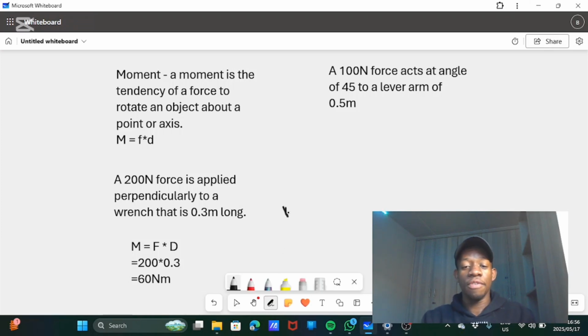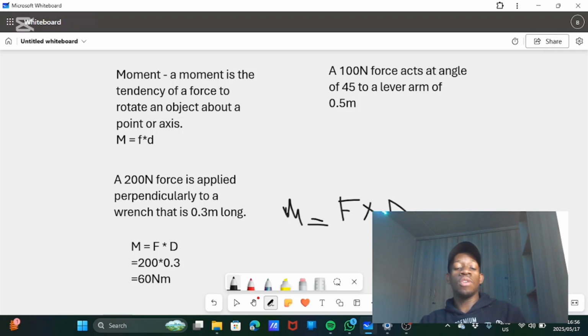Instead of M = F × D, we're going to multiply again by the sine of theta.